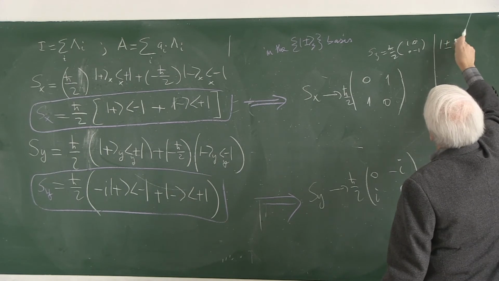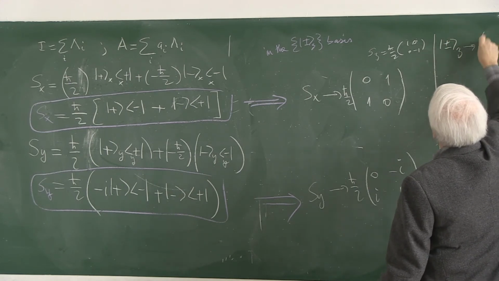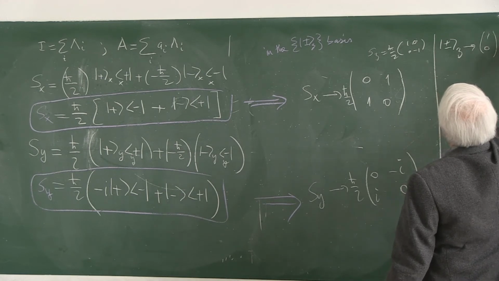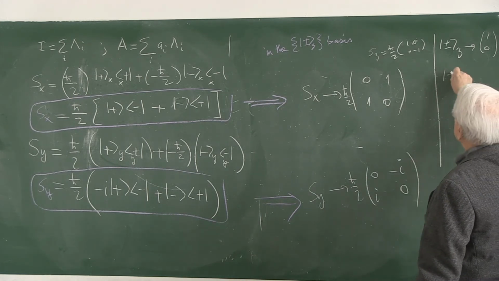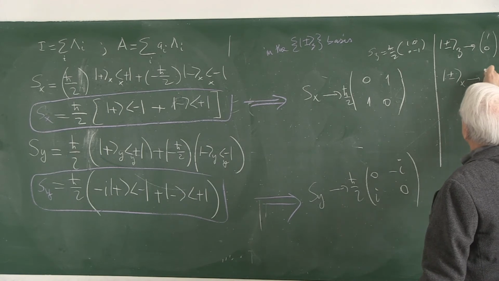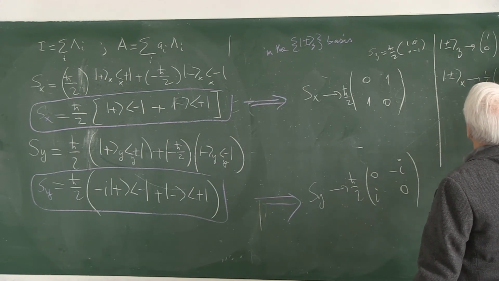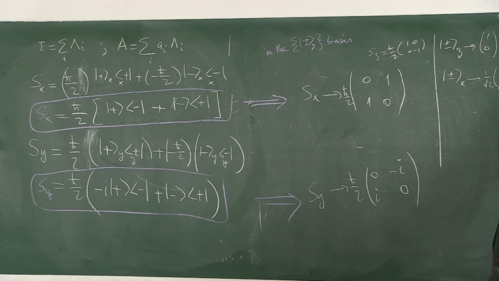Remember, plus minus z were 1, 0 and 0, 1. How did we construct this? We had taken plus, projected on plus and minus, we get 1, 0. This is 0, 1. And what about the plus minus x? 1 over square root of 2 times 1, 1, and 1 over square root of 2 times 1, minus 1. You just take these and go to the plus minus z basis for each of them.